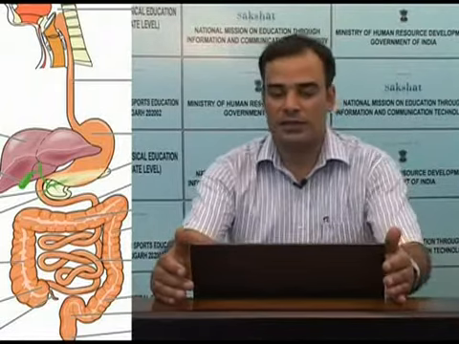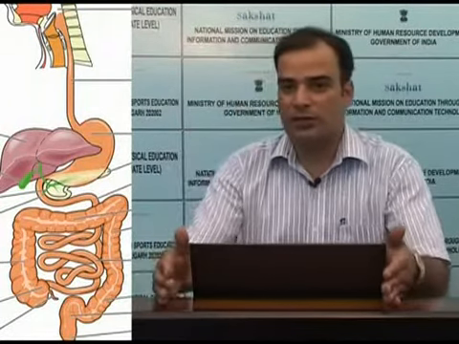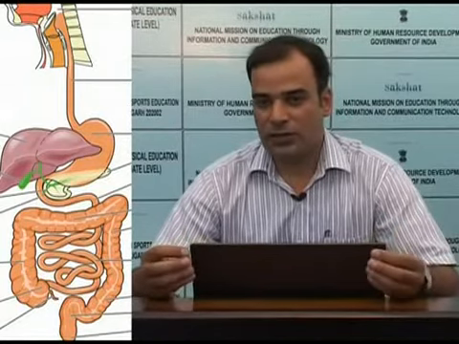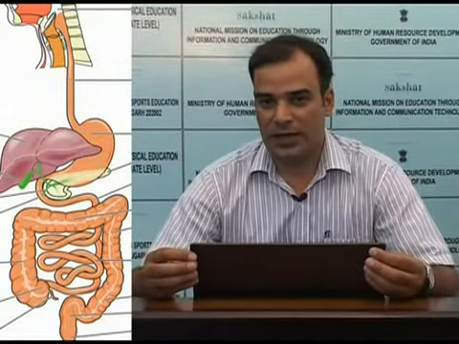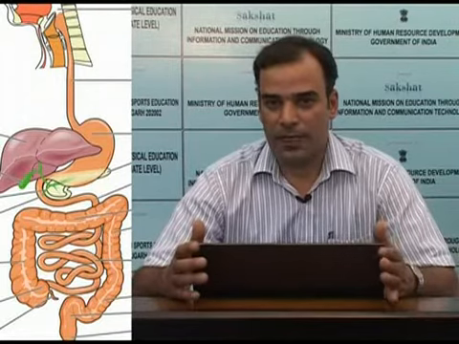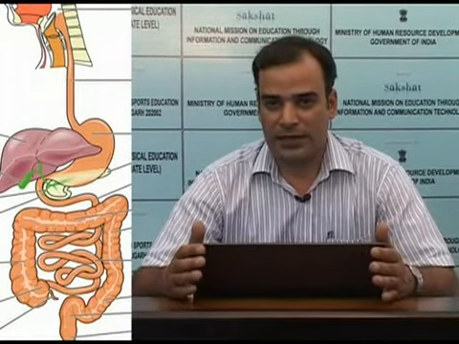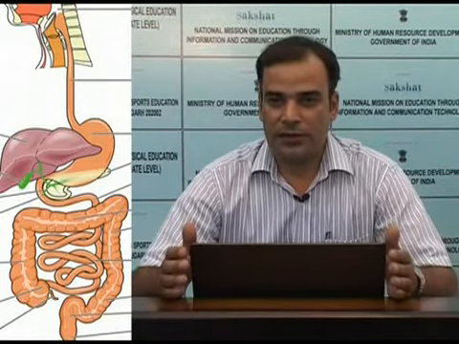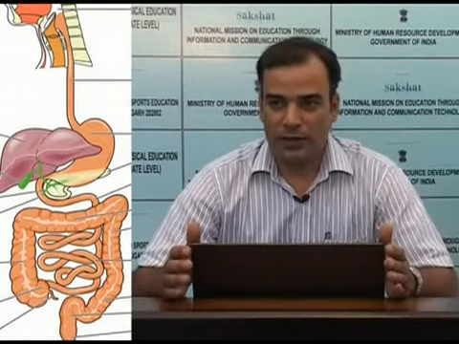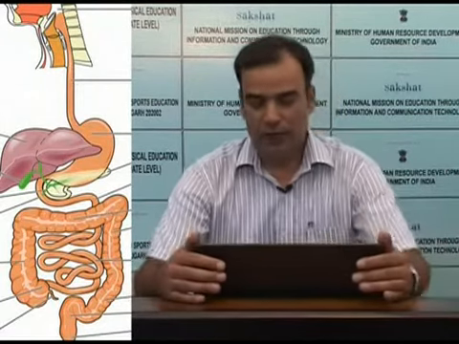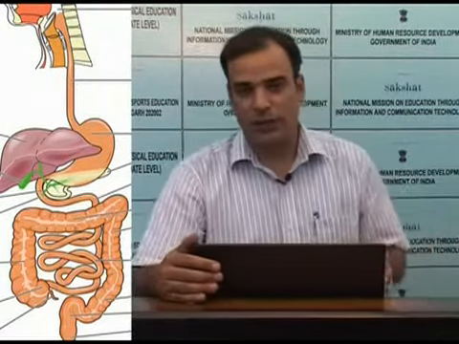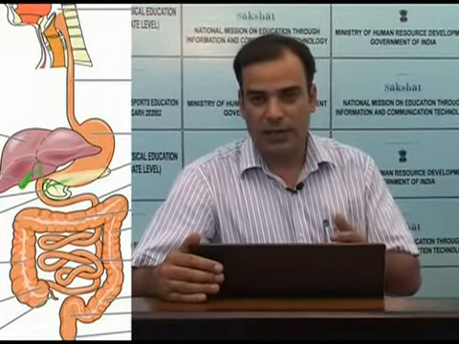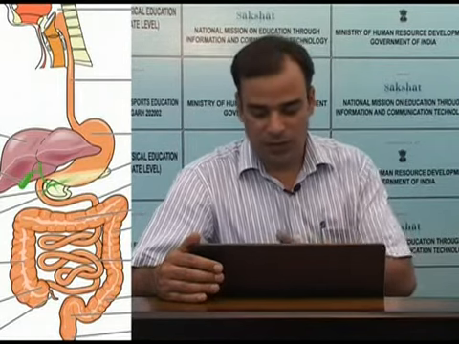Likewise, the large intestine is also divided into certain parts. First, the part that joins with the last part of the small intestine is called the cecum. Following the cecum is the ascending colon, then the transverse colon, then the descending colon, sigmoid, rectum and anus. So, these are actually the parts of this muscular tube. That's why these are called primary digestive organs.